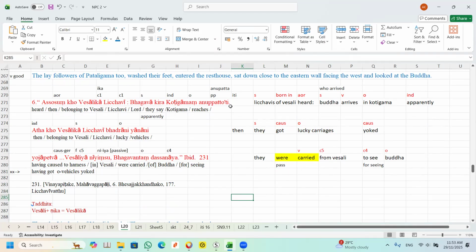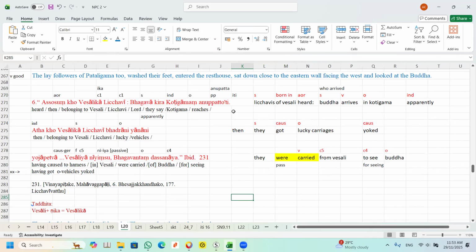Cannot because of the et. Because it's et, that means it's hearsay. Somebody is telling a story or news is spreading that the Buddha arrived in this place, so they are hearing. So it cannot be when. You cannot say when. It's news. They are broadcasting the news.